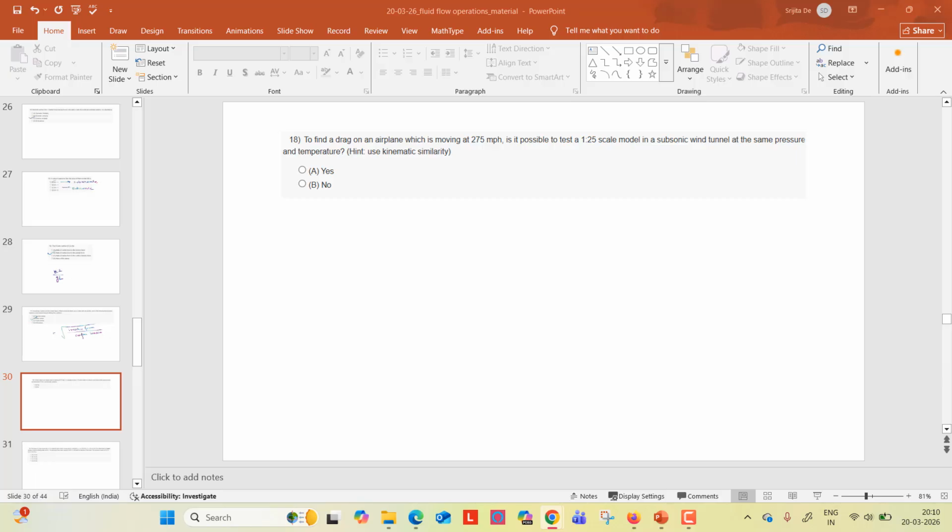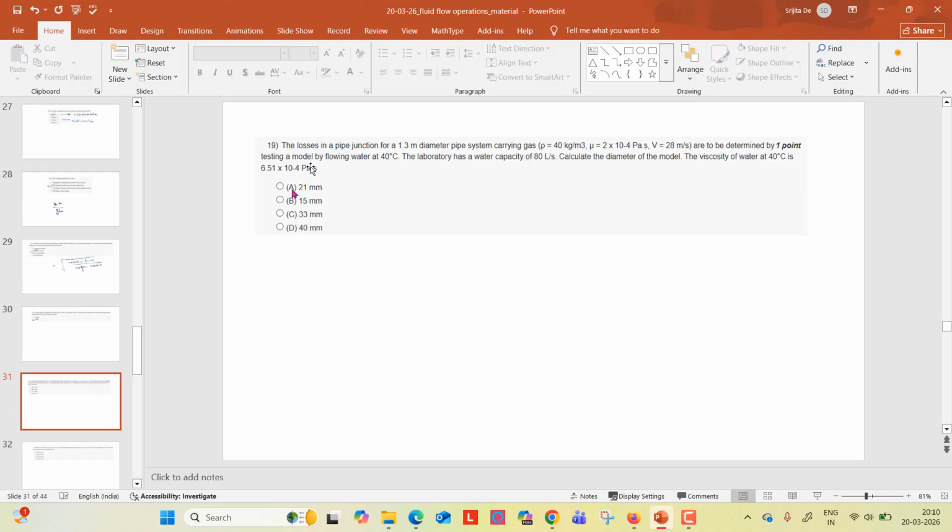So if your model length is 1 and the model velocity has to be 25 times higher, then it will be higher than the subsonic velocity. So it is not possible. The answer is no.